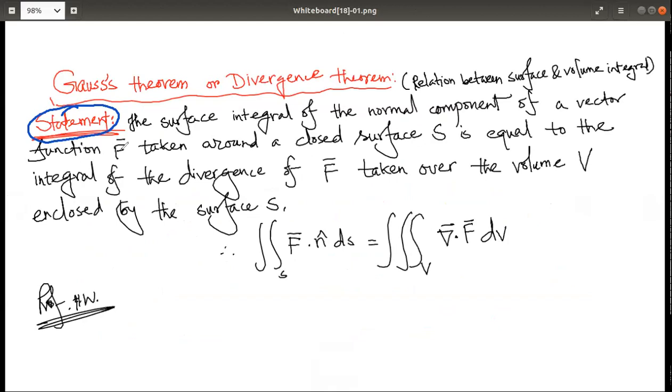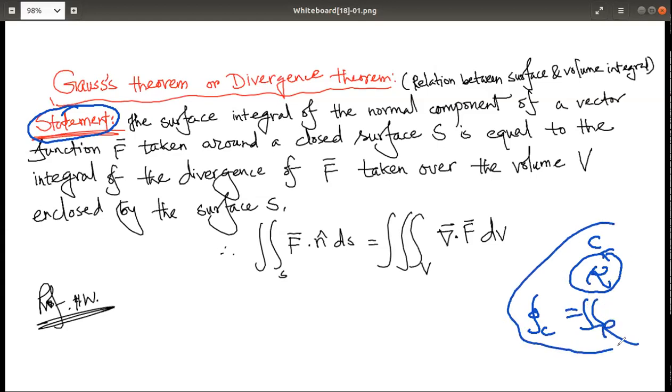We know that Green's theorem is the relation between line and surface, where the surface means a closed region around the curve C. So the line integration equals the surface, or region, integration.